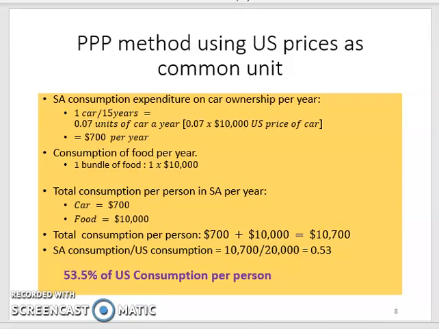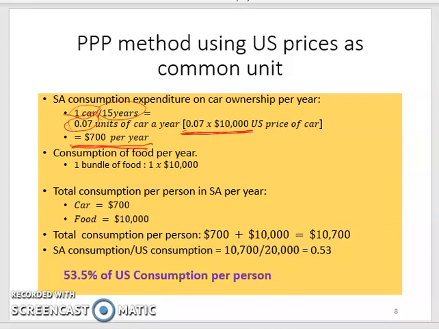So we divide one car by the 15 years in which it is used. Doing that, we get 0.07 units of a car a year, which is consumed by a South African. So we multiply that by the amount of money that an average American uses on a car on a yearly basis. And what we get is $700.